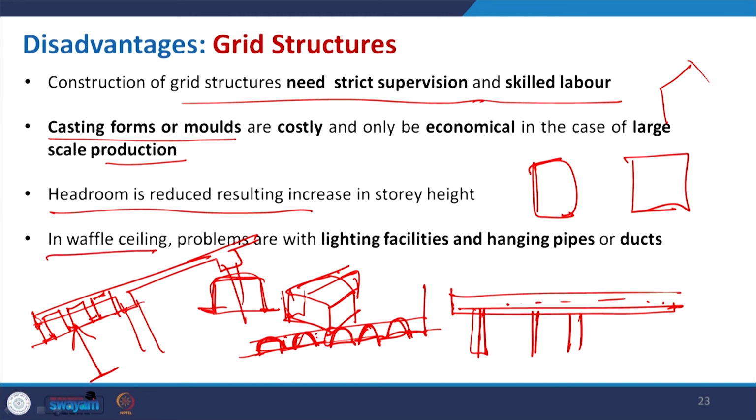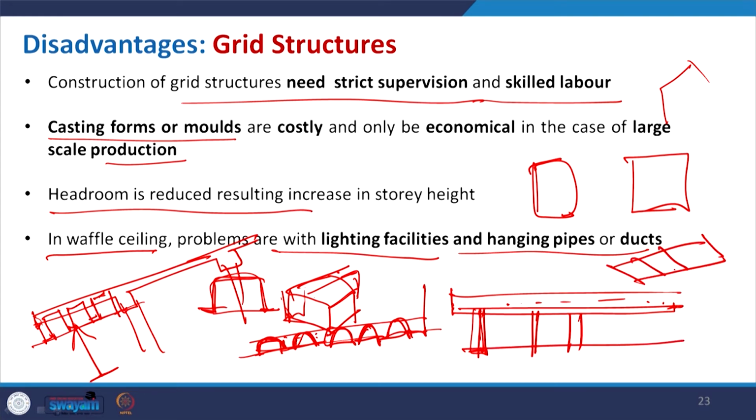In waffle slabs, problems are with the lighting facility and hanging pipes. Lighting facility means the lights which are to be placed. Because we have this kind of pattern, only from the bottom we get this particular grid, so we are restricted to put the light within that particular gap, or else it will create a problem.